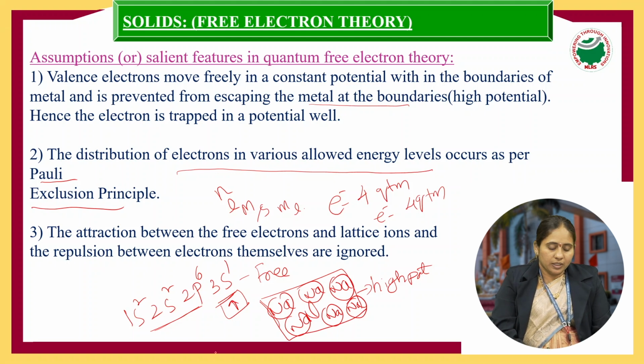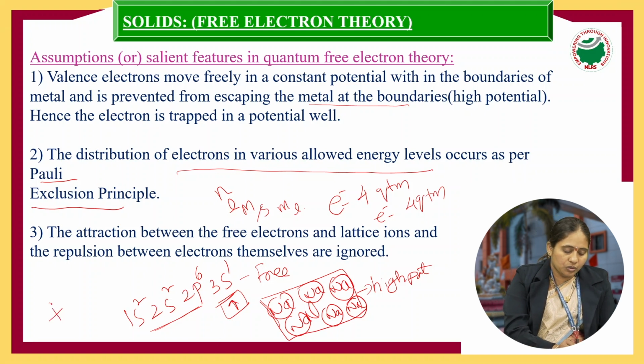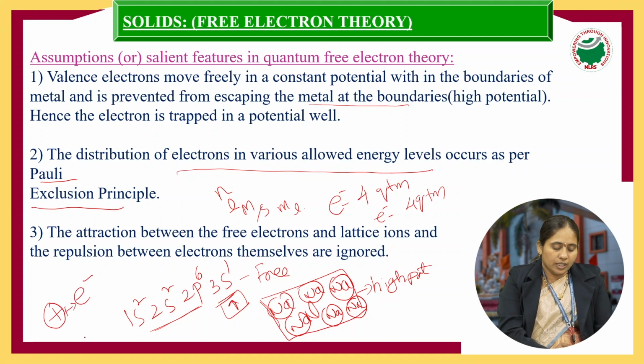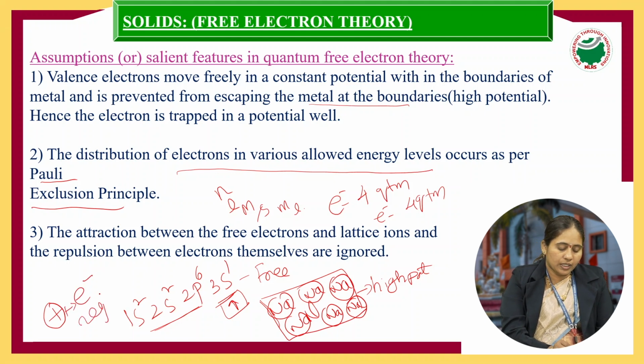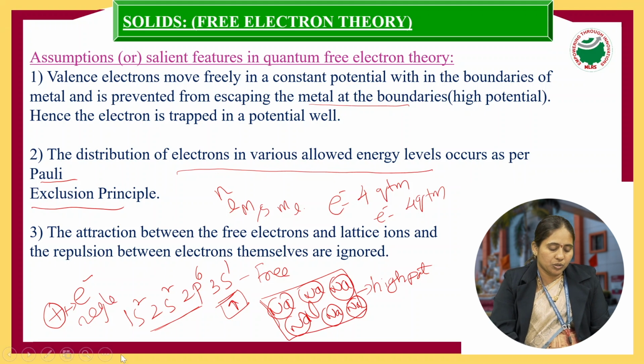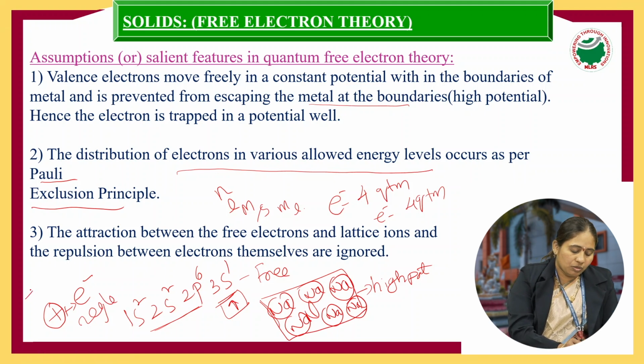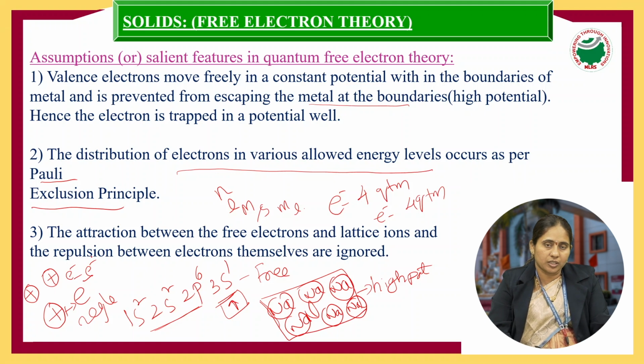Next, the attraction between the positive nucleus and negative electron is negligible. We can neglect the attraction between the positive nucleus and negative electron, as well as the repulsion between like charges.